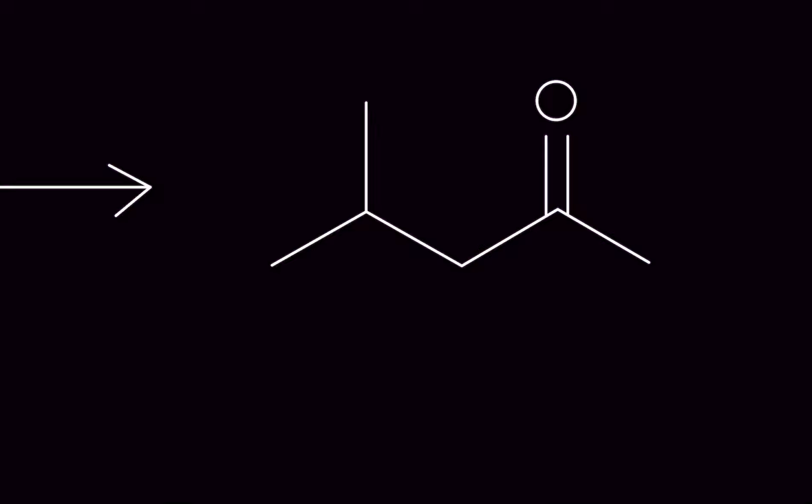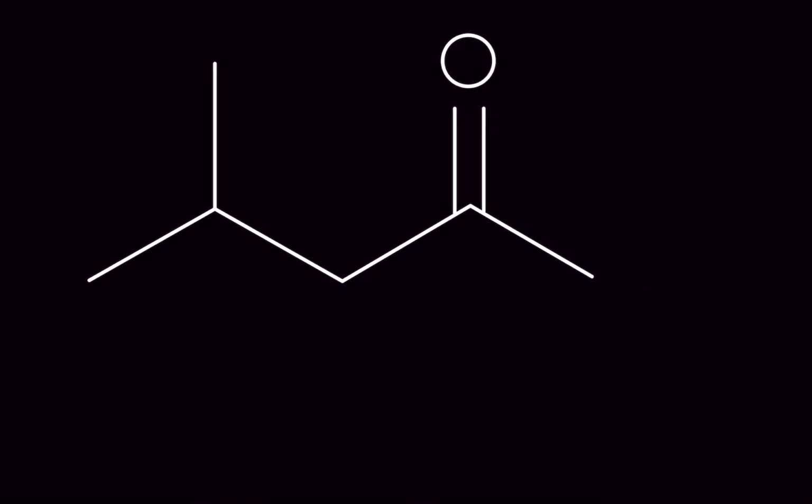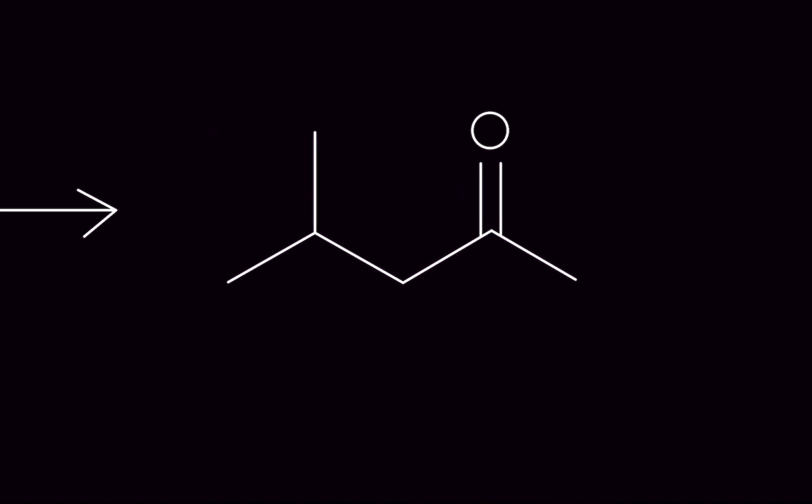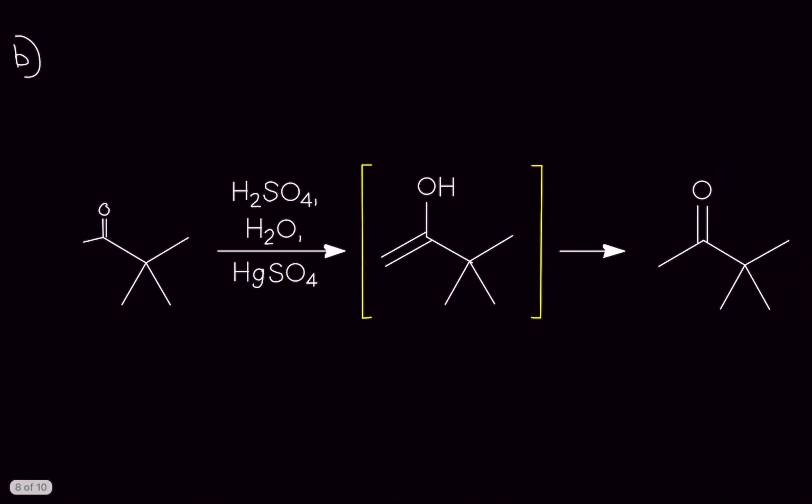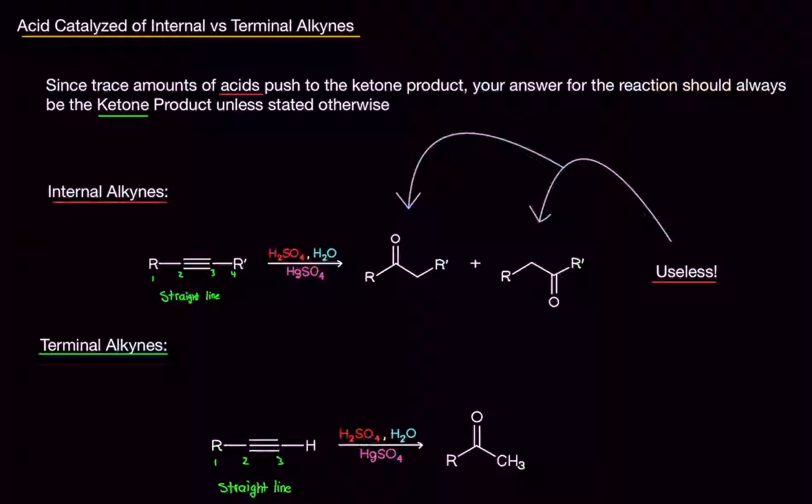Okay, how do I do this? Well, like I just said, we're going to be making a terminal alkyne. And the way to make a terminal alkyne is the triple bond needs to go here, so that you're halfway done. Now you just got to redraw the molecule so you have 3 carbons in a row, because terminal alkynes have 3 carbons in a linear looking fashion.